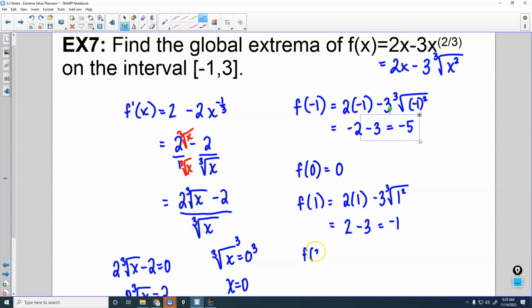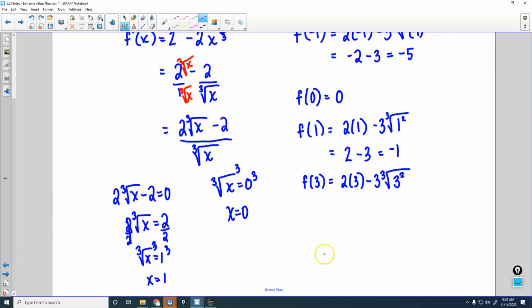And f of 3, which is 2 times 3 minus 3 times the cube root of 3 squared. Now this one's kind of weird. We're going to have 6 minus 3 times the cube root of 9.